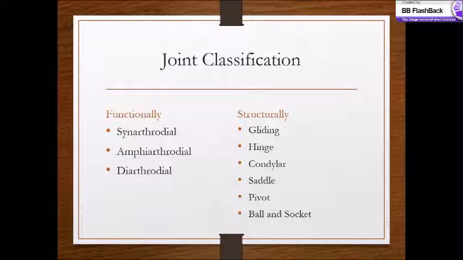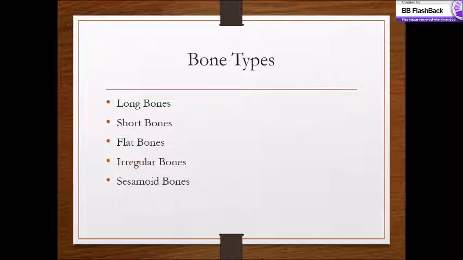Now we're going to move on to the different types of bones. There are 5 types of bones: long bones, short bones, flat bones, irregular bones, and sesamoid bones, which we reviewed in the positioning class. Examples of a long bone would be the tibia, humerus, or femur.